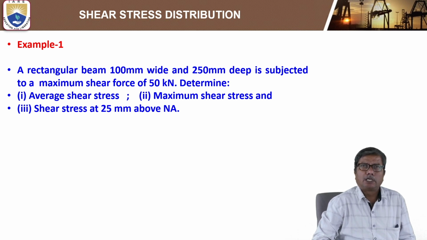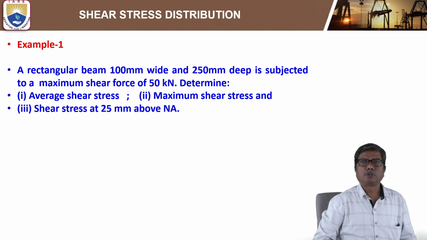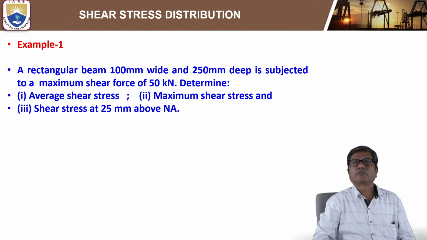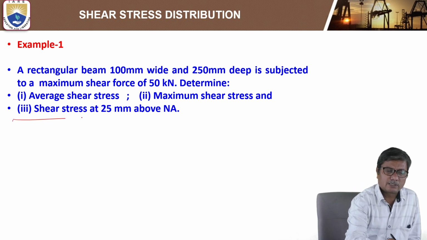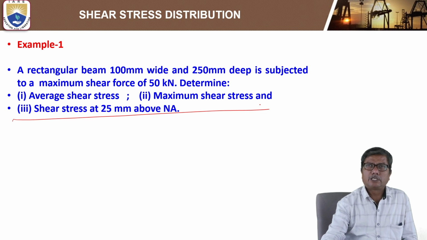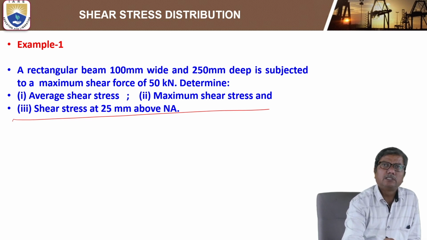Determine the average shear stress, maximum shear stress, and shear stress at 25 mm above the neutral axis. So it is a simple example. It is a direct substitution in the formula.